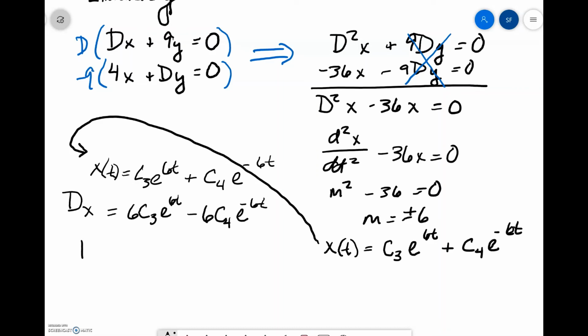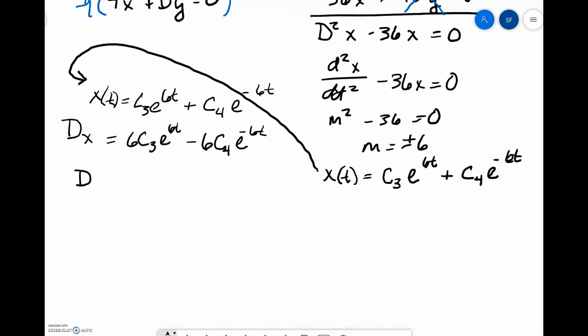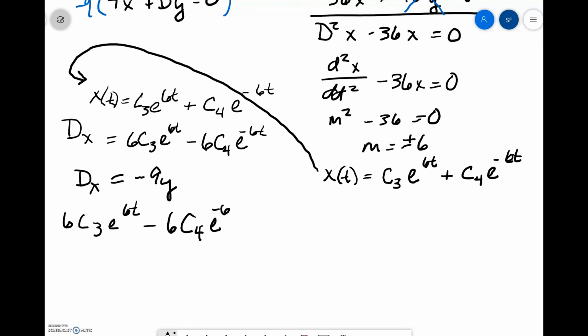One of our differential equations says that dx equals negative 9y. So we've got 6c3 e to the 6t minus 6c4 e to the negative 6t, and then minus 9 times y, which we said was c1 e to the 6t plus c2 e to the negative 6t.